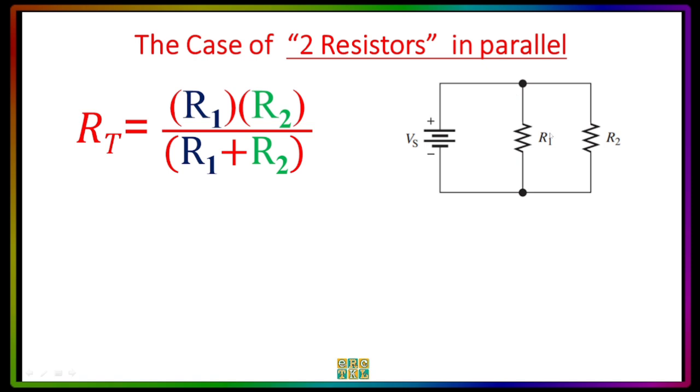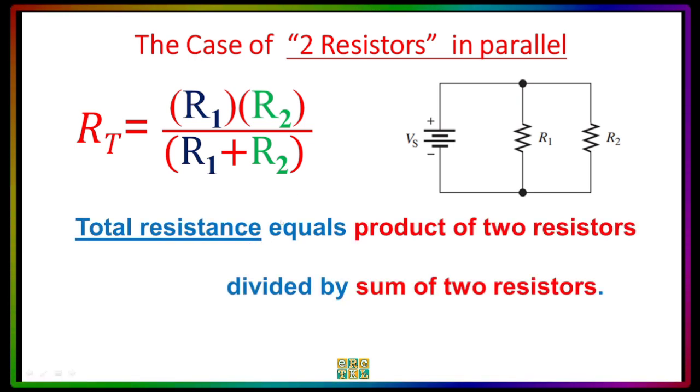Now, if you only have two resistors in parallel, like in this diagram, the R1 and the R2 only, you can directly multiply R1 and R2 and divide it by the sum. So R1 R2 divided by R1 plus R2. Just be careful with using the parentheses.